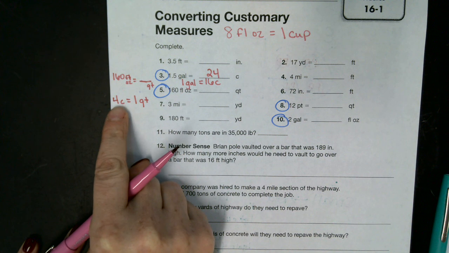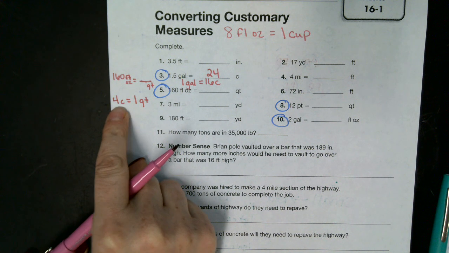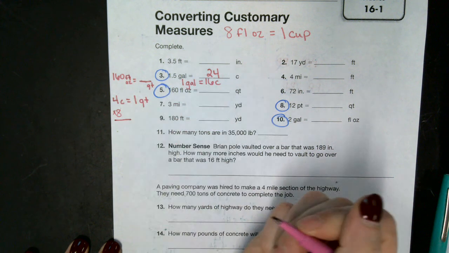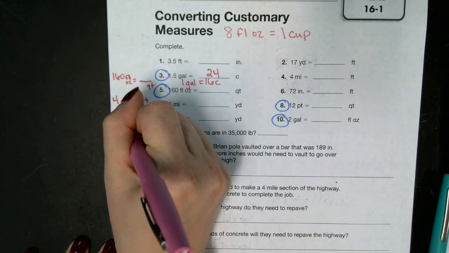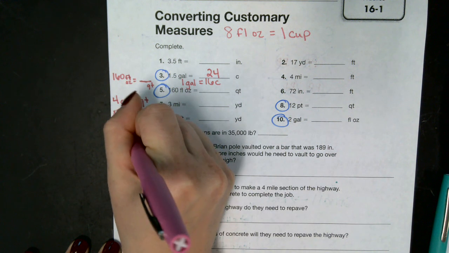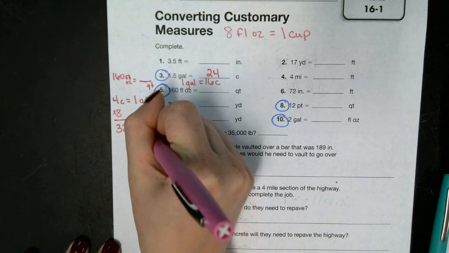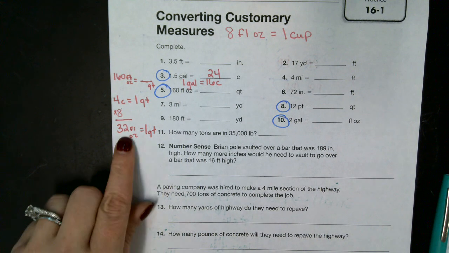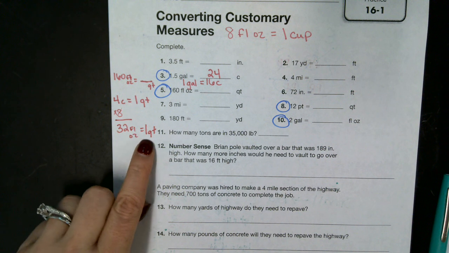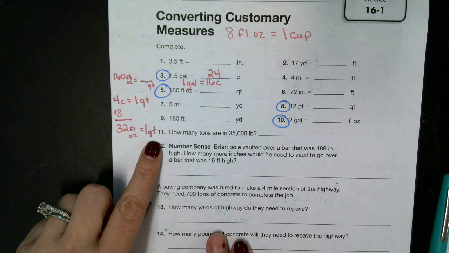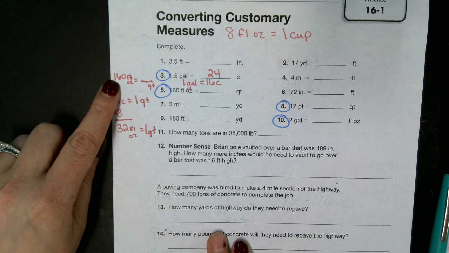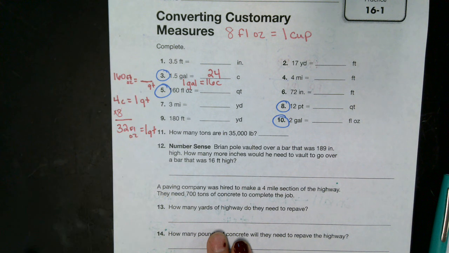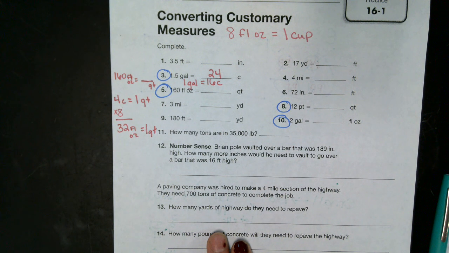So if I've got 4 cups, times that by 8, that's how many? 32 fluid ounces are in 1 quart. So right now, I know there are 32 fluid ounces in 1 quart. And the question asks us to find out how many quarts 160 fluid ounces equals. So you'll have to do 160 divided by 32.